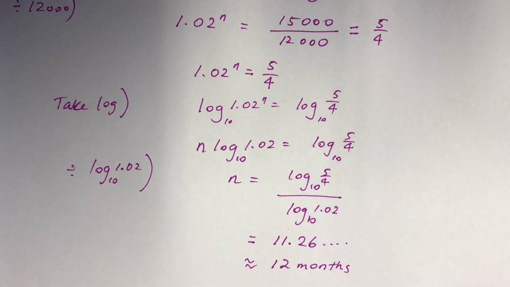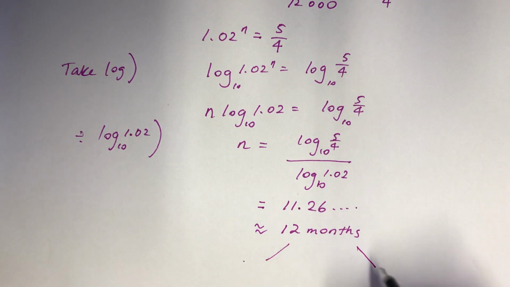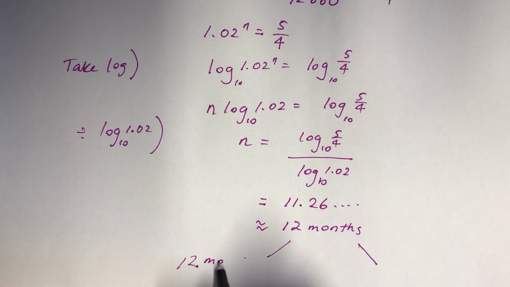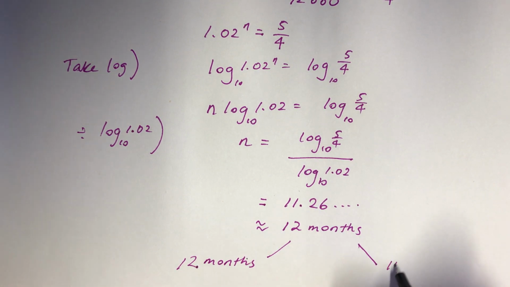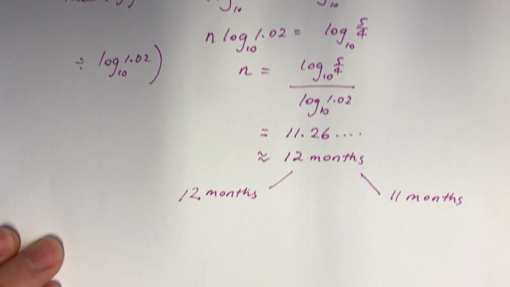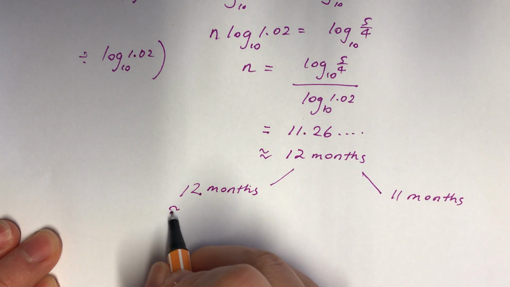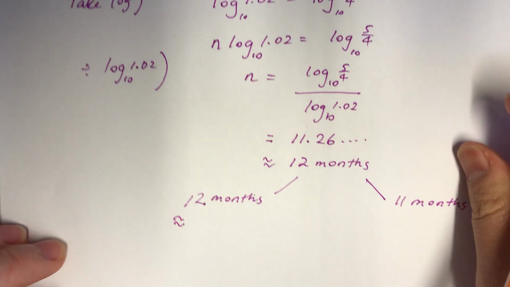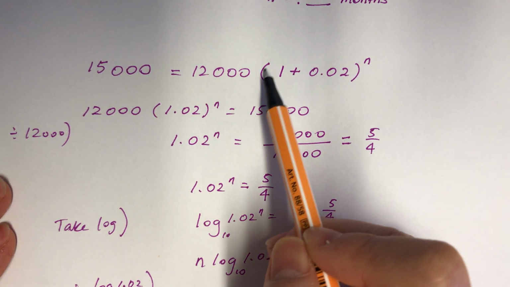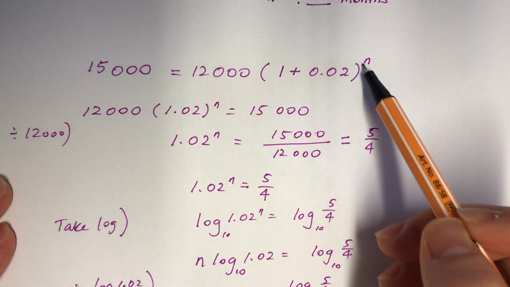Why is it not 11 months, miss? Well, let's test it. 12 months and 11 months. This is the part that you have to check your answer. Okay, we solve it and check. So 12 months, we put it in here: 12,000 brackets 1 plus 0.02 to the power of 12.